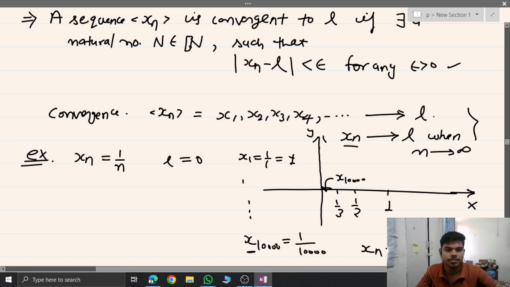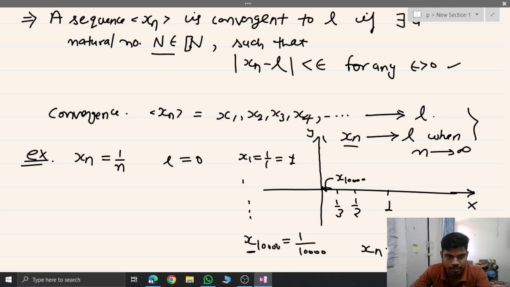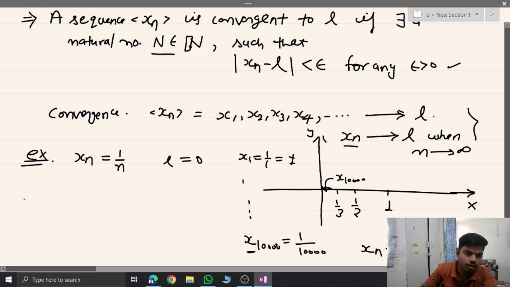After some stage, after getting N, my definition says if your sequence converges, then there exists a natural number N such that modulus of xn minus L is less than epsilon. Now come to the condition in the definition.